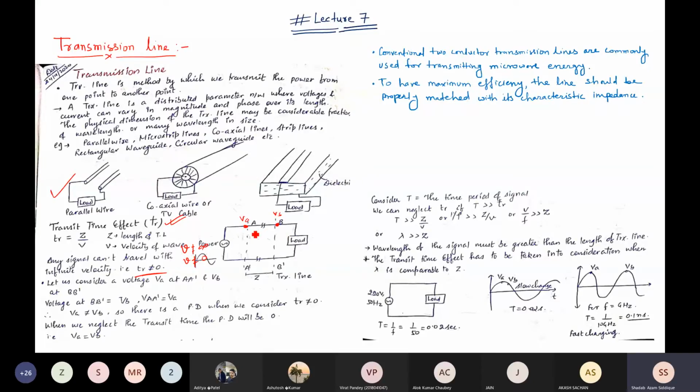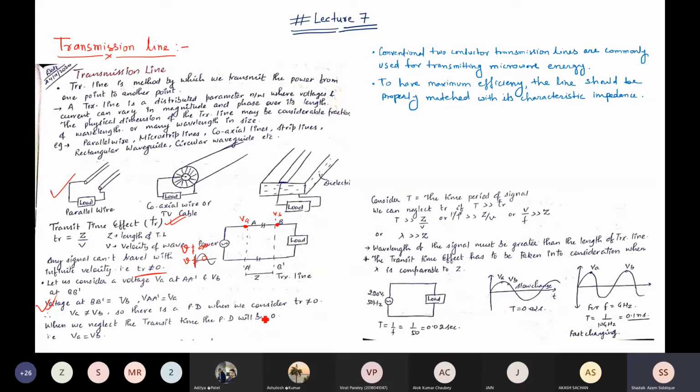It is the time required for the wave to travel from A to B. If VA and VB are equal, then there is no potential difference at all, so there is no transit time. Practically it is not possible. Practically VA should not be equal to VB, that means there will be a potential difference.